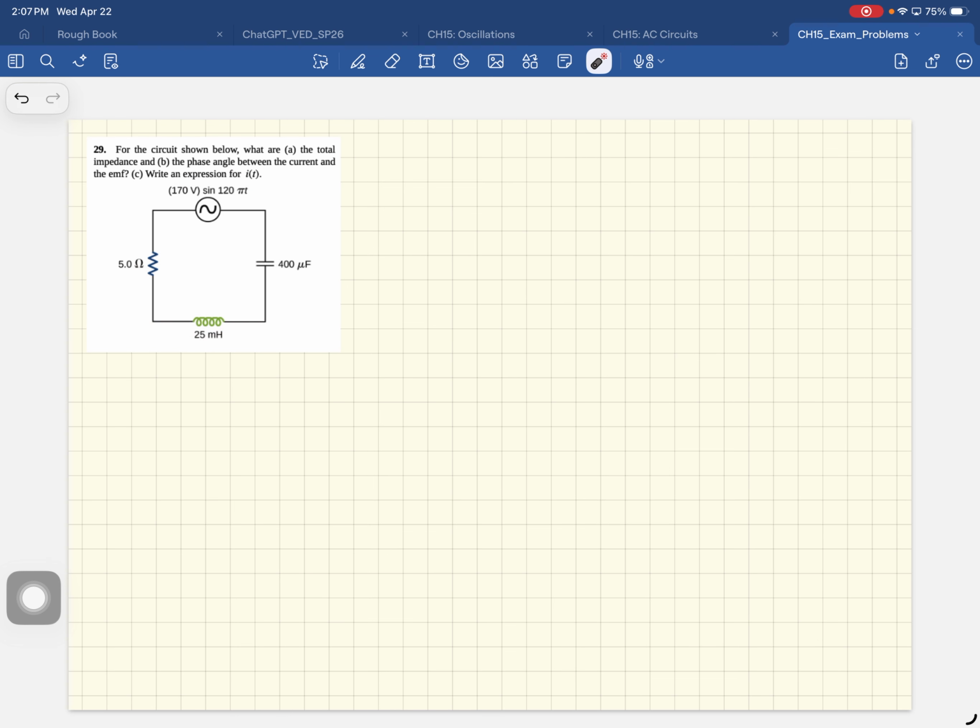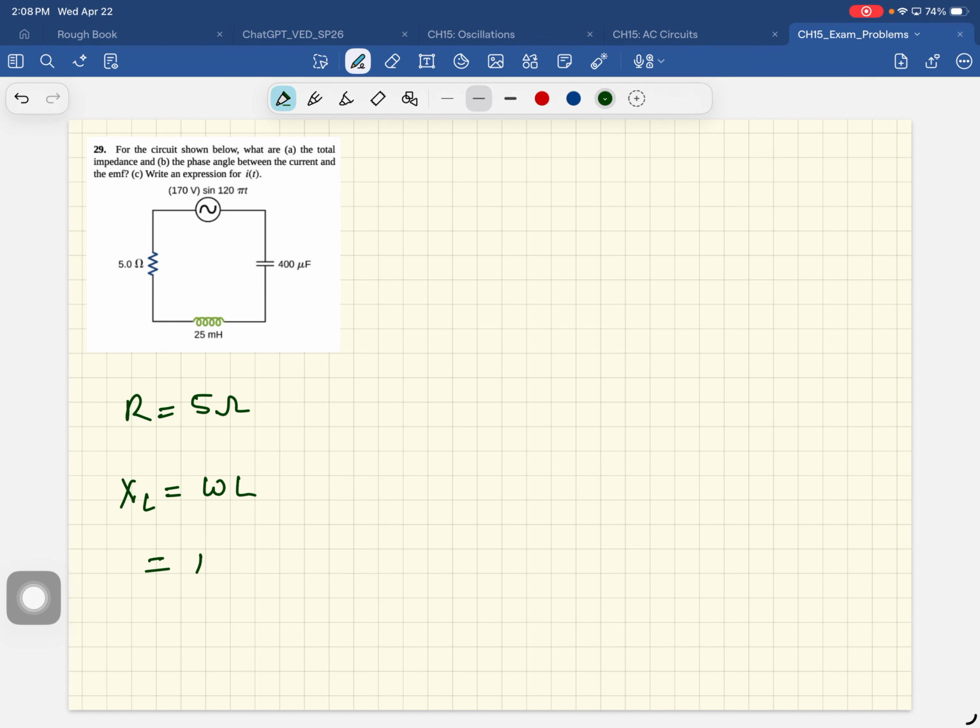Okay. That's the expression for I as a function of time, and I'll write this guy: 170 volts sine 120 pi t. So there's the voltage and the current as functions of time in that circuit. All right, we'll stop.